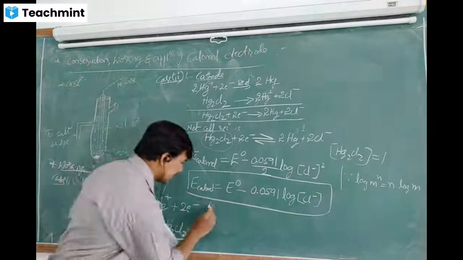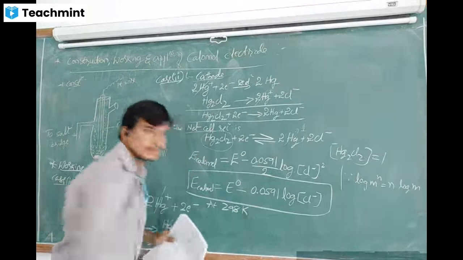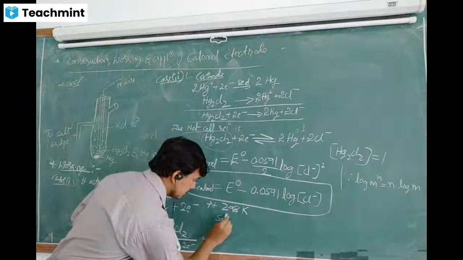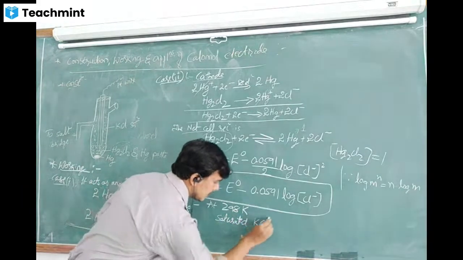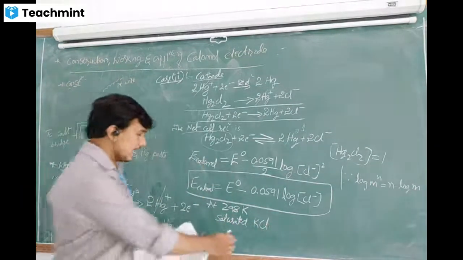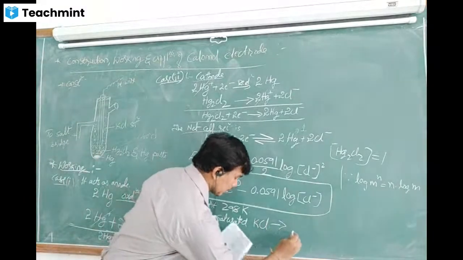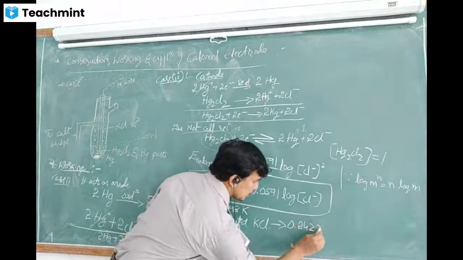So at 298 Kelvin, the electrode potentials, if you use saturated KCl solution, these are all the standard ones. For saturated KCl, the electrode potential is 0.2422 volt.